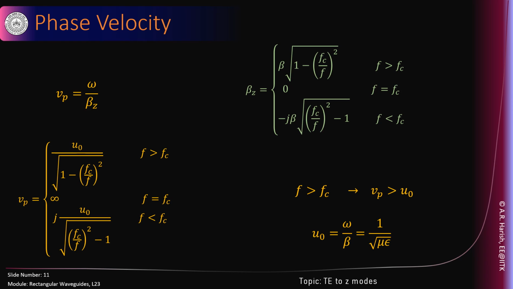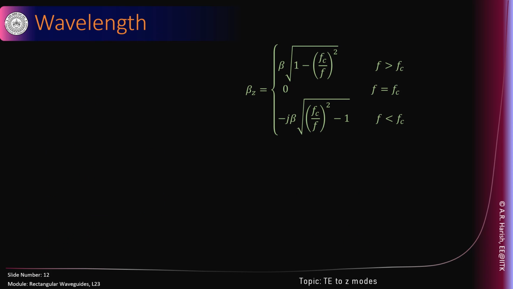So this is a very interesting concept. You can have phase velocity greater than the velocity of an electromagnetic wave in free space if the guide is filled with nothing.